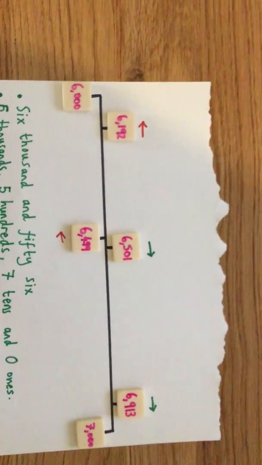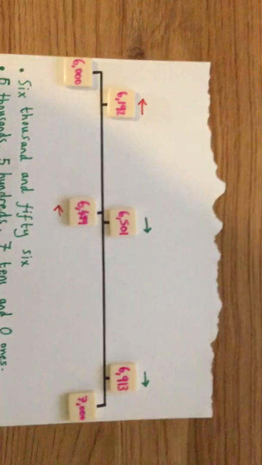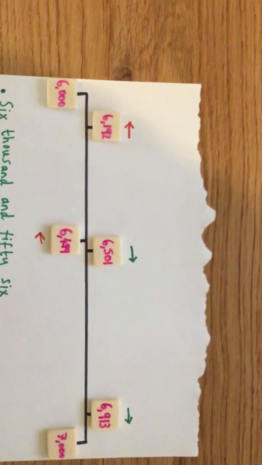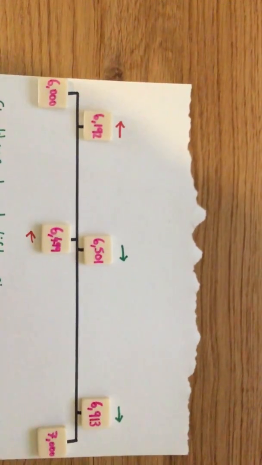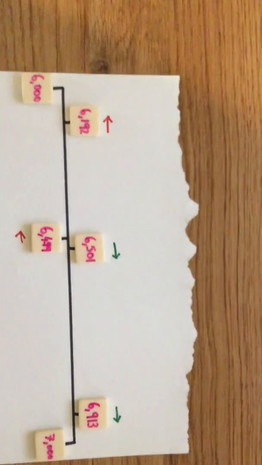We can see whether or not these numbers need to round down or round up. So if we look first of all at 6,192, quite clearly it is much closer to 6,000 than it is to 7,000. So we would round that number down. So to the nearest 1,000 it would be 6,000.